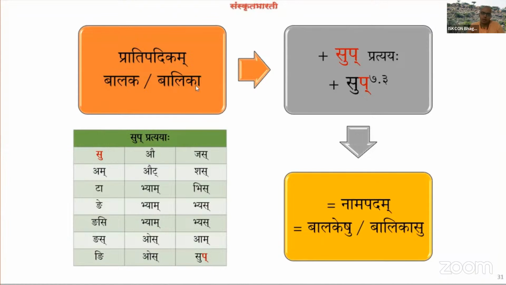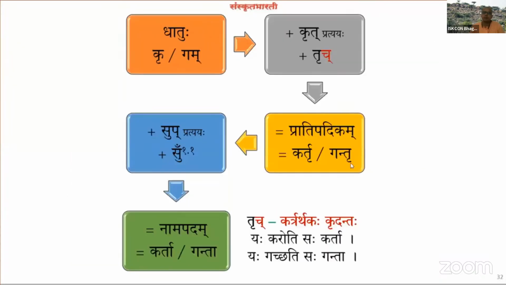And when you want a Kriya Pad, two things are there in Sanskrit. Both are Pad. Then comes Dhatu, Kri, Gam Dhatu plus Krit Pratyay or Trich Pratyay. When you add this, then you will get Pratipadikam, Kartri, Gantri.